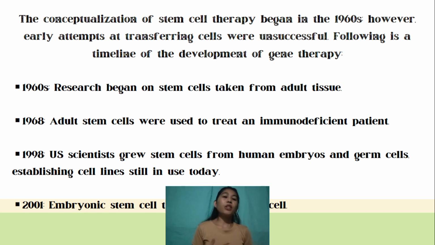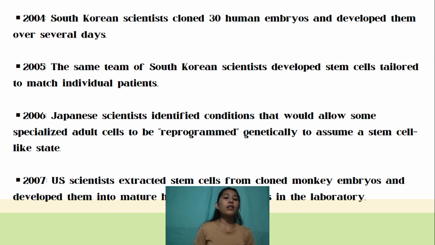This achievement showcased the versatility of embryonic stem cells and their potential for generating specific cell types needed for healing purposes. In the year 2004, in South Korea, scientists cloned 30 human embryos and developed them over several days.